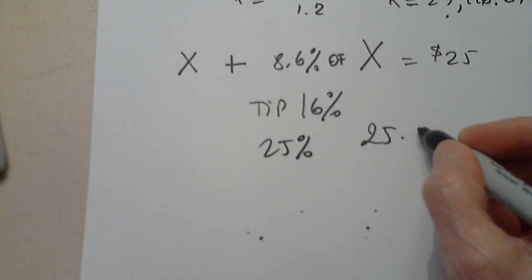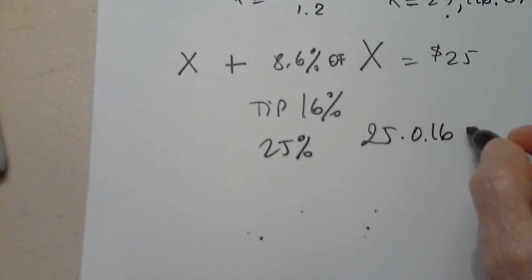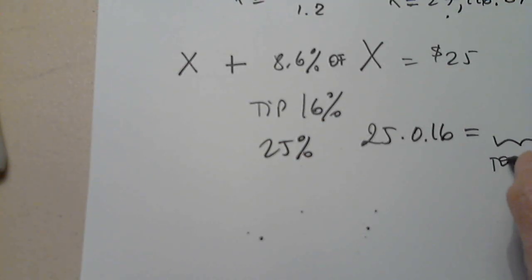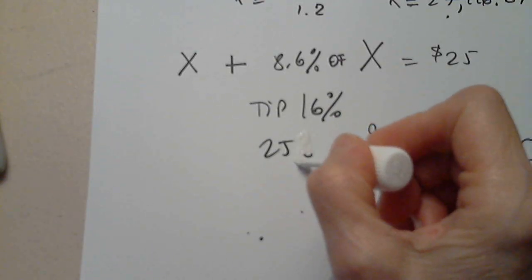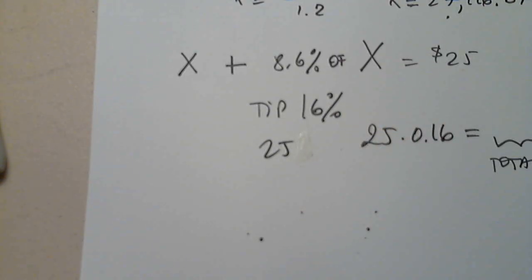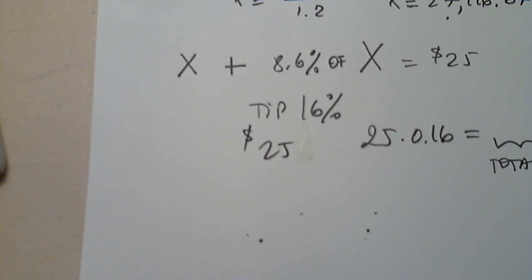So 25 multiplied by 0.16, that will be what she will pay as a tip, because she paid 16% on the bill, and the bill is $25. So 25 times 0.16. So she added $4.